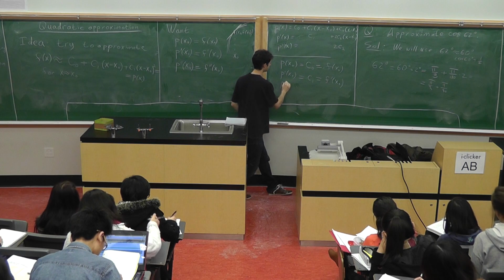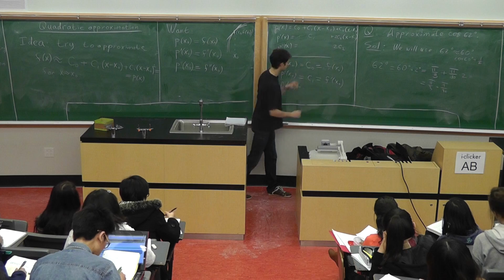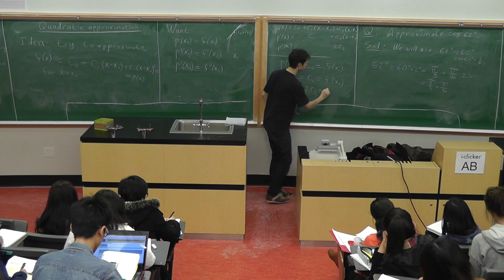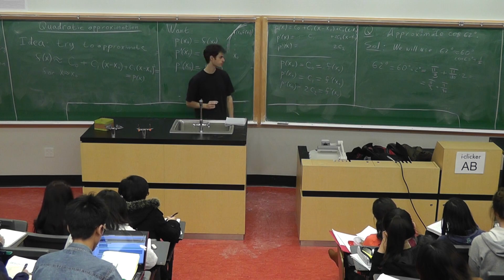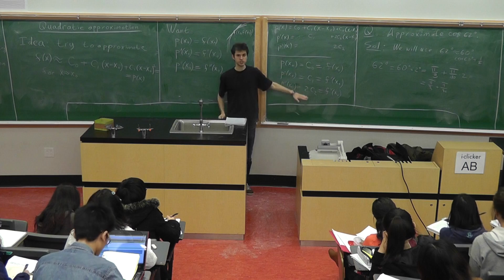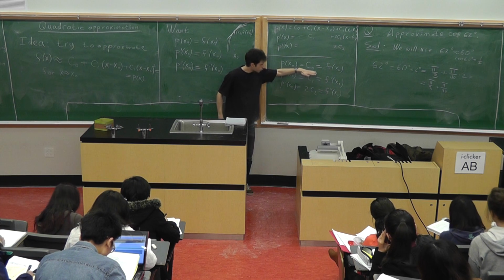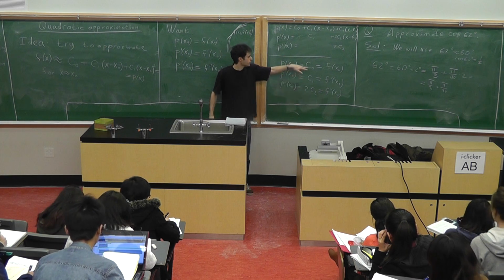And finally, the second derivative at the point x naught is equal to 2 times c2, and I want this to be equal to the second derivative of f at the point x naught. So these conditions, that my parabola goes through the point, has the same tangent and the same concavity, tell me what the coefficients are.